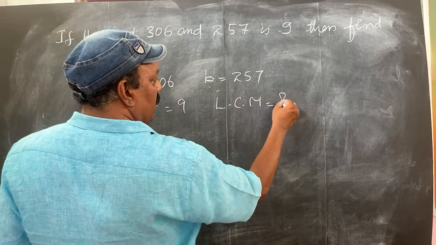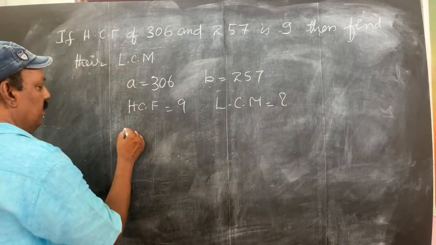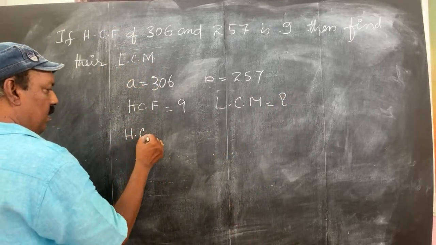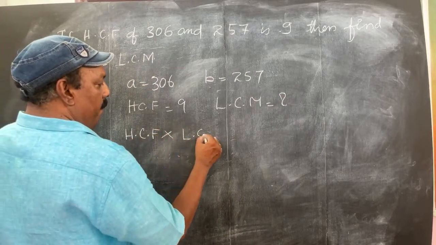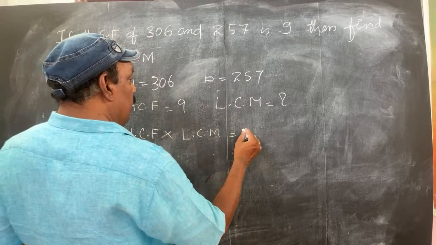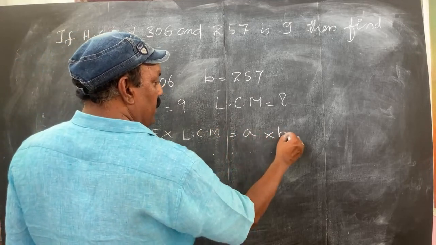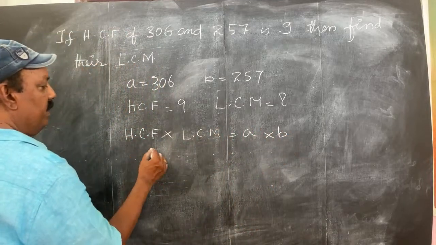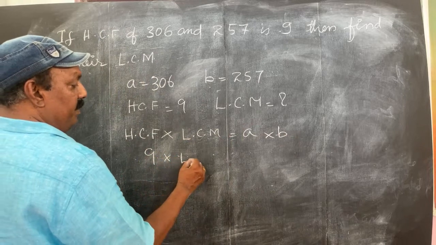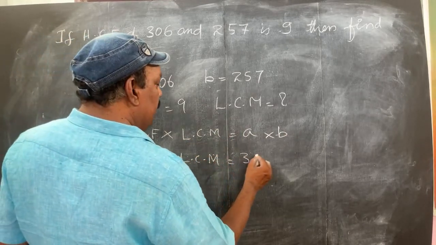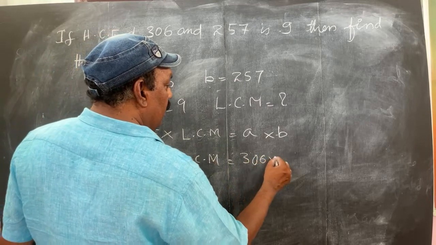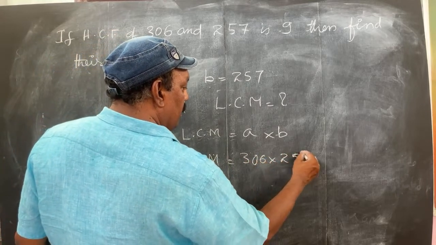One formula is there here: HCF into LCM is equal to A into B. Here the HCF is 9, we don't know the LCM, we have to find it out. The numbers are 306 as A and 257 as B.